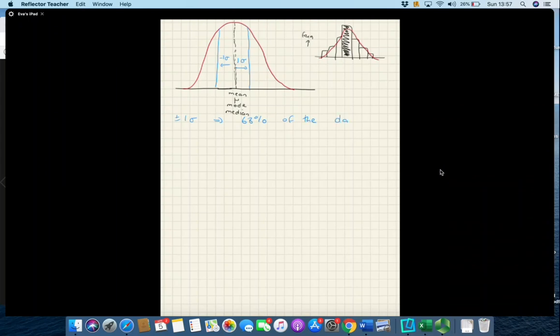In a similar way, from the mean, you have to know that plus or minus 2 standard deviations represent 95% of the population or the data, or however you want to describe it.